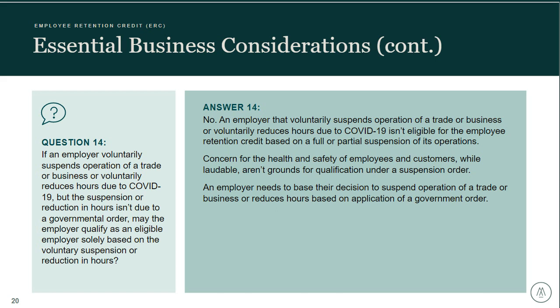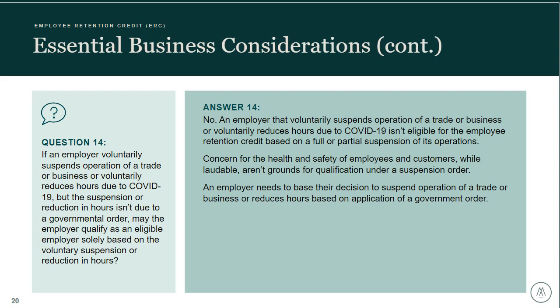And so what this indicates to us is that we really need to be able to tie the suspension of operations to a specific government order, and that can be federal, state, or local. That takes a bit of research to identify the orders that are out there and that may have been impacting the business, and then tie that to the specific facts and how it impacted operations.